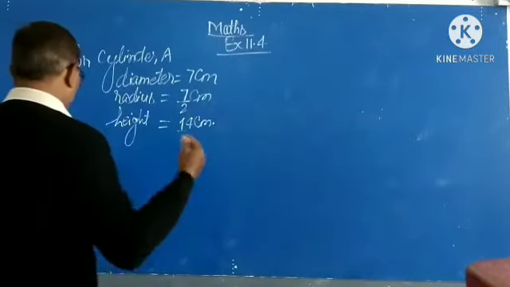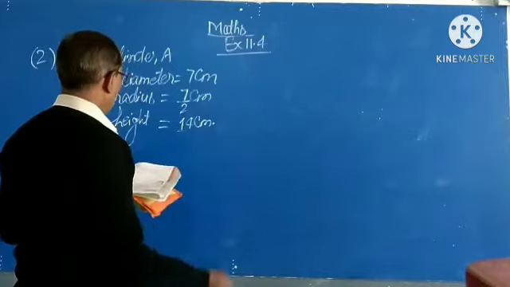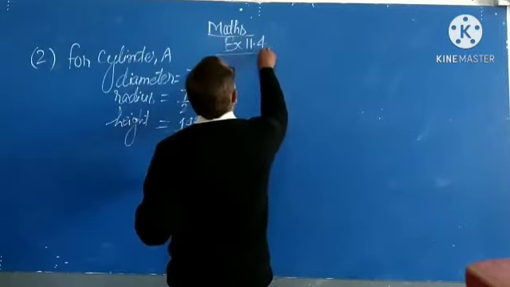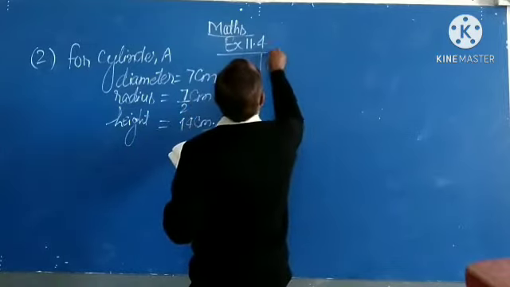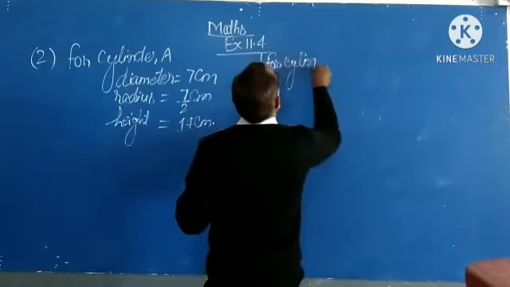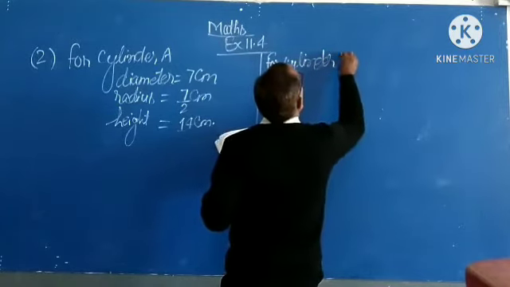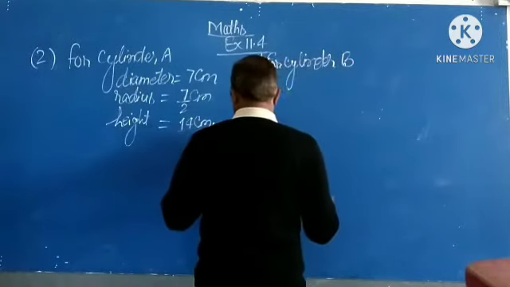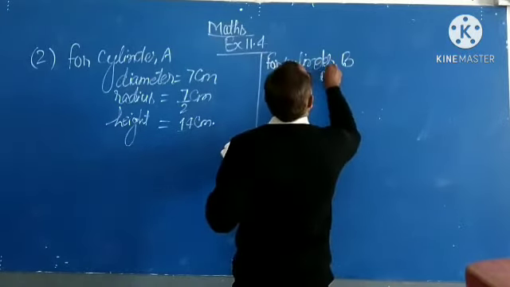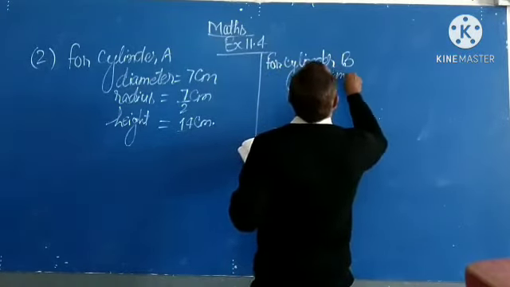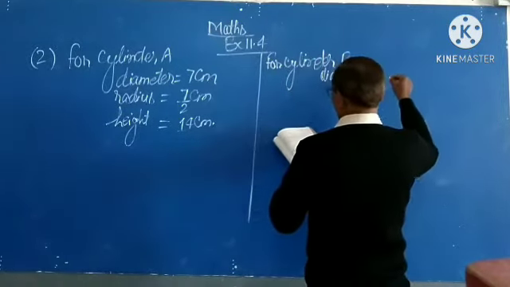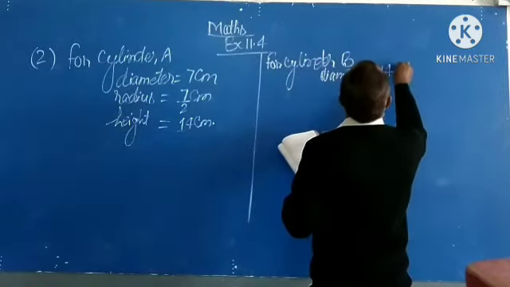Then you find out the volume of cylinder A. Like this, you also find out the volume of cylinder B. For cylinder B, diameter is equal to 14 centimeter.